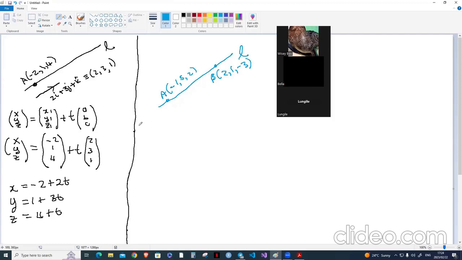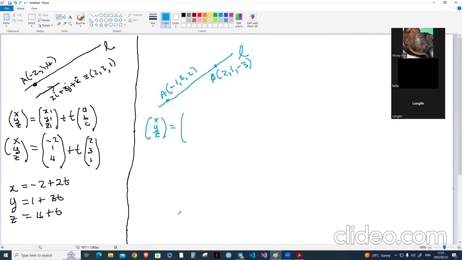Right? They do the same thing. The equation of a line is like this: it's equal to (x1, y1, z1) plus t(a, b, c), right?